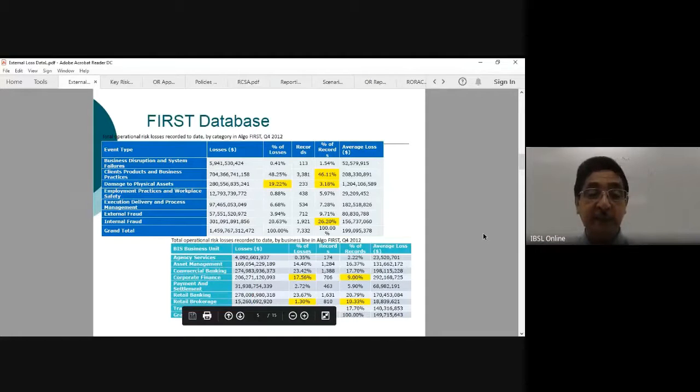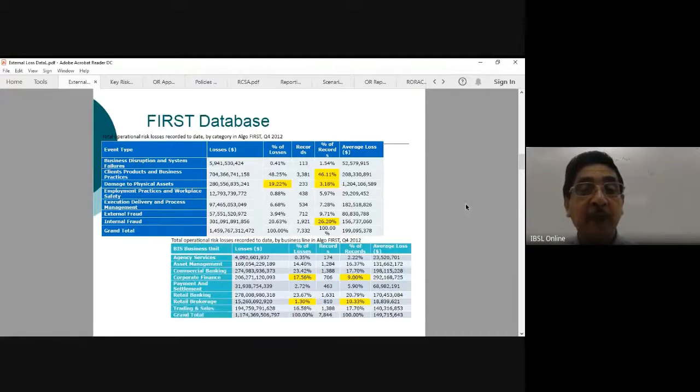Right. Now we can see the database of a particular organization as at 2012 fourth quarter. Event types are given here: business disruption, clients, products and business practices, damage to physical assets, employment practices and workplace safety, execution, delivery and process management, external fraud, internal fraud, grand total. These are the event types, but they have not given it in one matrix, but in two different matrices.